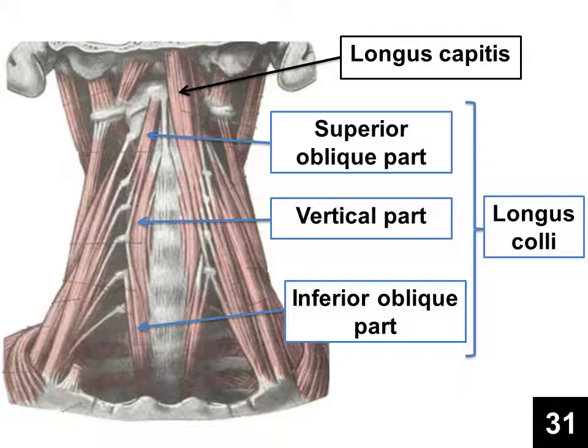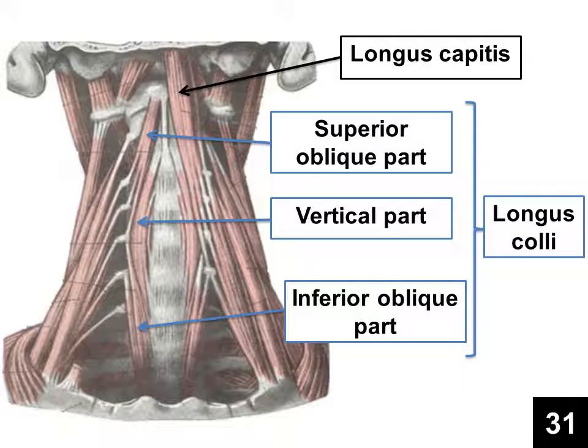Because it has an oblique part, this does rotation. It is a lateral rotator and lateral flexor, so we have anterior flexion, lateral flexion, and rotation of the neck or head to the opposite side.